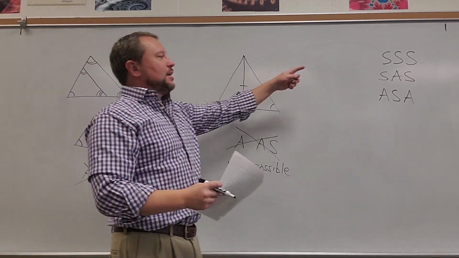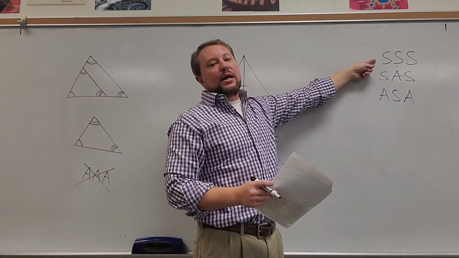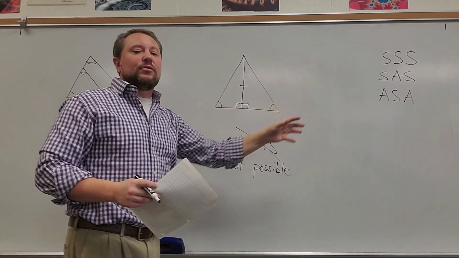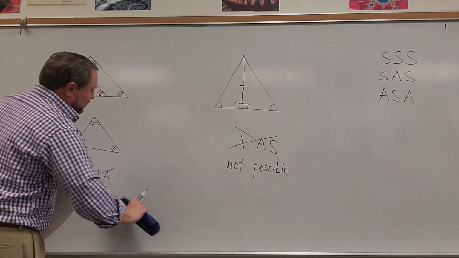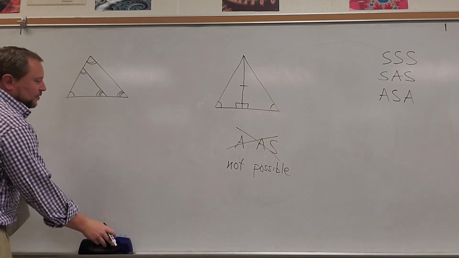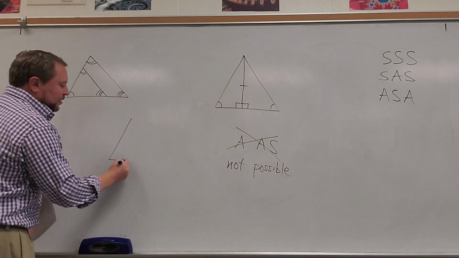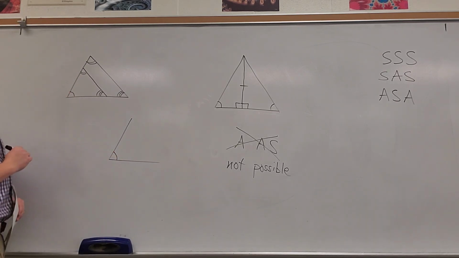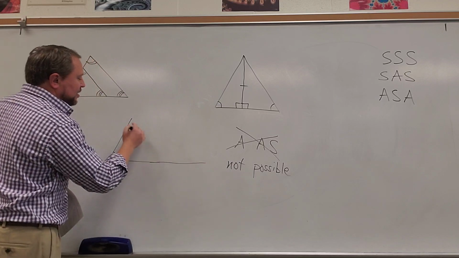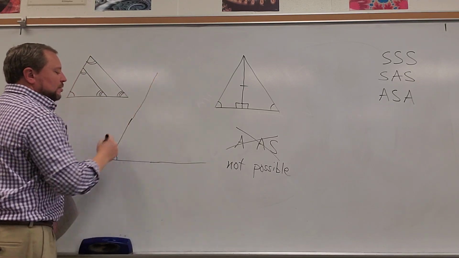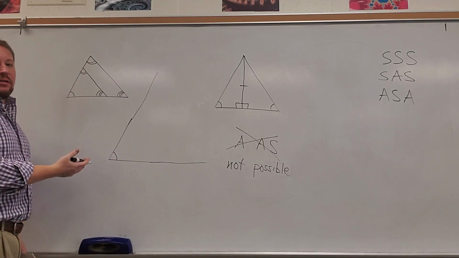So there is a SSS though. If the sides match, then the triangles have to match, but there is no AAA. Just to emphasize this idea, see this angle right here? Does the measure of that angle change any if I extend the sides out even further? No, right? That's still the same angle.